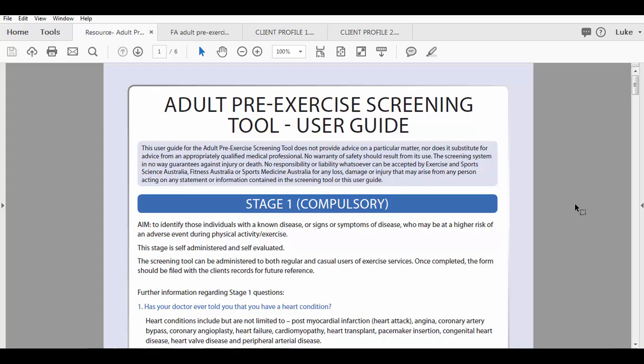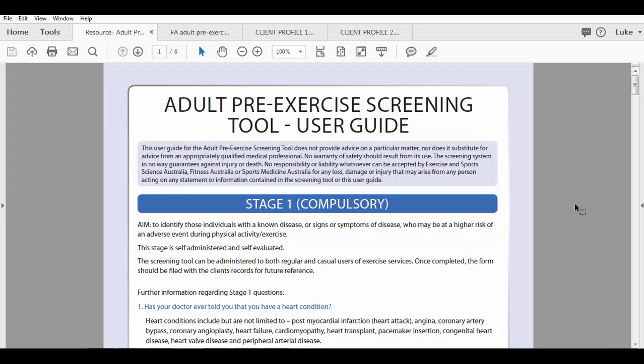So I'll start with a bit of the disclaimer at the top, and it says here that the user guide for the adult pre-exercise screening tool does not provide advice on a particular matter, nor does it substitute for advice from an appropriately qualified medical professional. No warranty of safety should result from its use. The screening system is in no way a guarantee against injury or death.